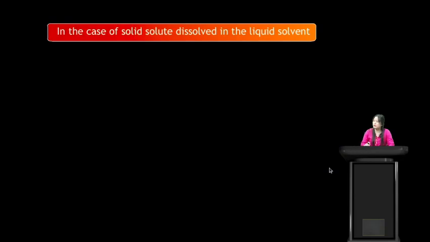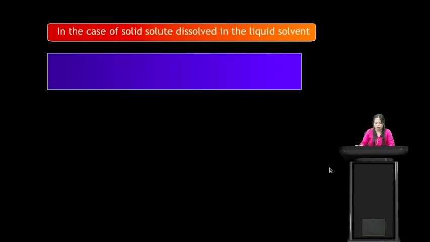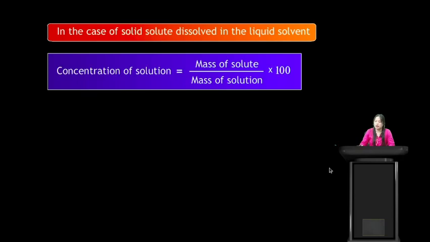Now in case of solute dissolved in liquid solvent, taking the example of salt dissolved in water, here the solute is salt, which is solid, and solvent is water, which is liquid. So in case of solid solute dissolved in liquid solvent, we will use this formula: concentration of solution is equal to mass of solute divided by mass of solution into 100.